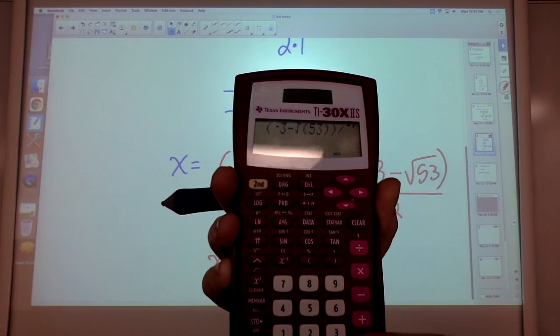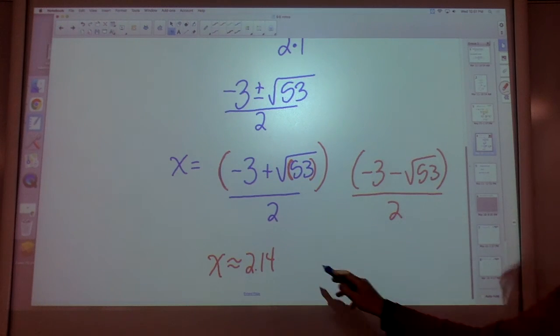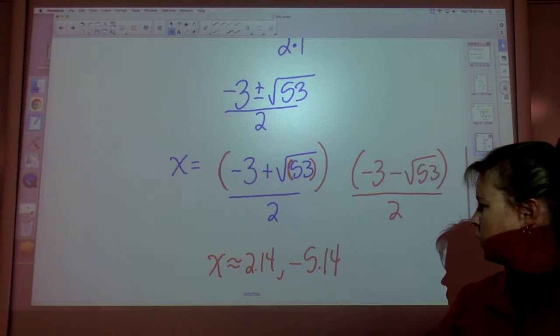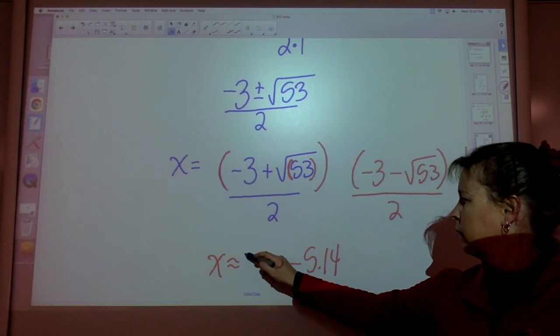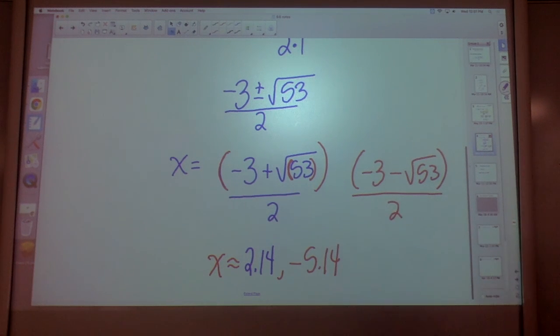When you turn that into subtraction, it gets you the other half of your problem, -5.14. I should have put this one in blue. So when you solve it with a plus, you get 2.14. When you solve it with a negative or subtraction, you get -5.14. Try it, make sure it works. Good luck. We'll do part 2 in the next lesson.